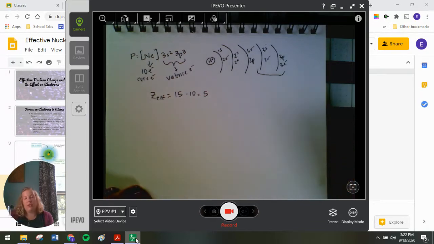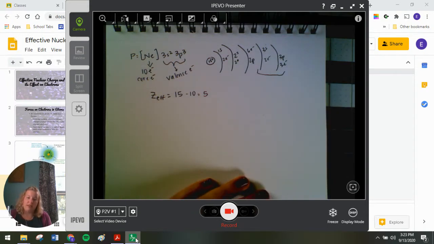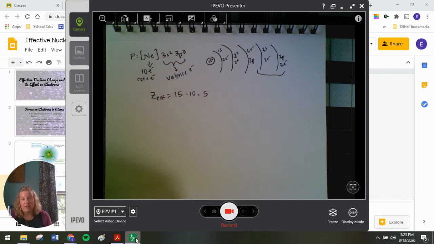When we talk about effective nuclear charge, the larger the number, the greater the effective nuclear charge. So if something has an effective nuclear charge of 1, that is less of an effective nuclear charge than 5.